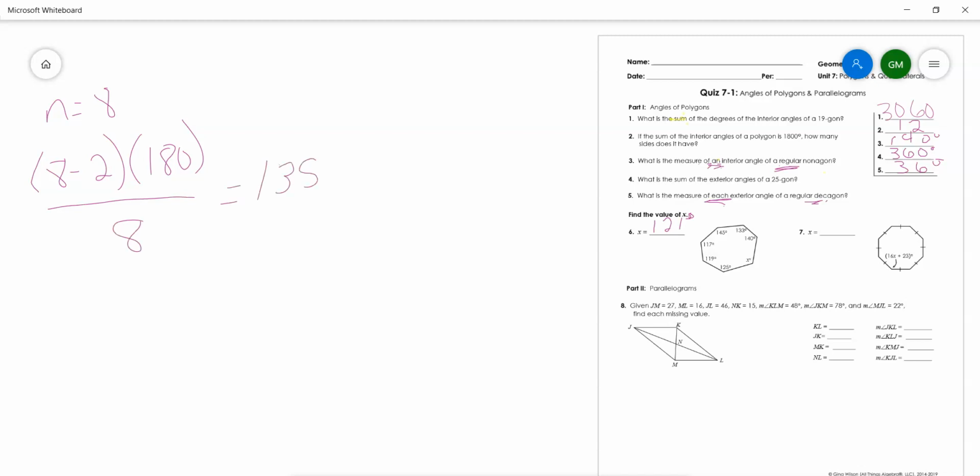So then what I'm going to do is take 16x plus 23, and set that equal to 135. Subtract 23 from each side, and I get 16x equals 112.